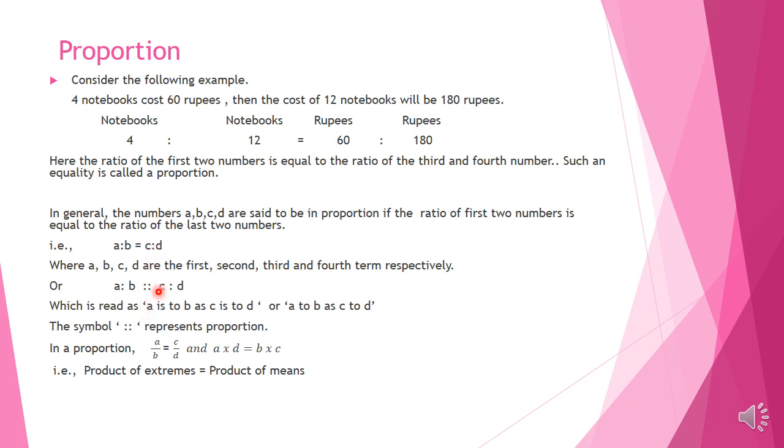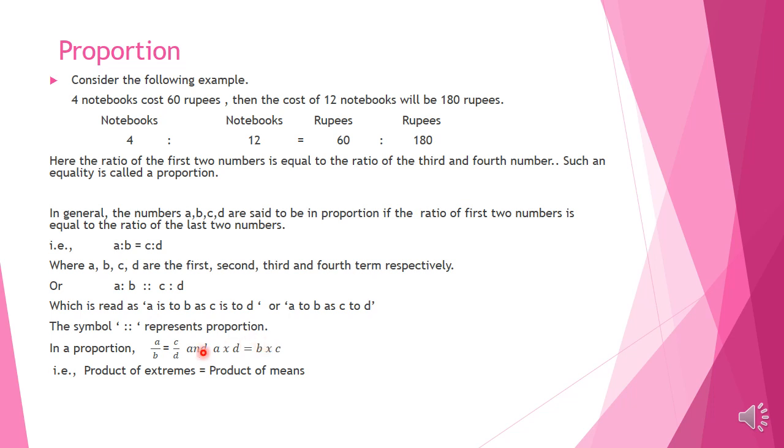Proportion we can write using the simple 2 dots. Okay, A:B is as C:D. How can we read this? Which is read as A:B as C:D, or we can say A:B is proportion to C:D. Okay children, so this 4 dots represents proportion.